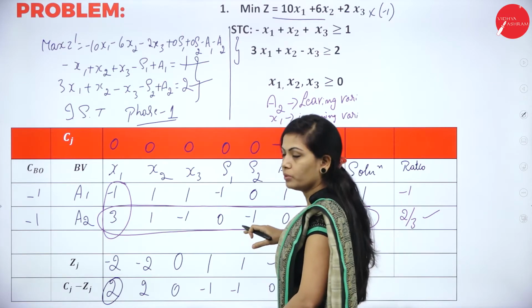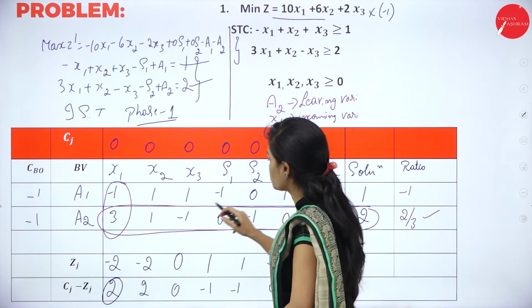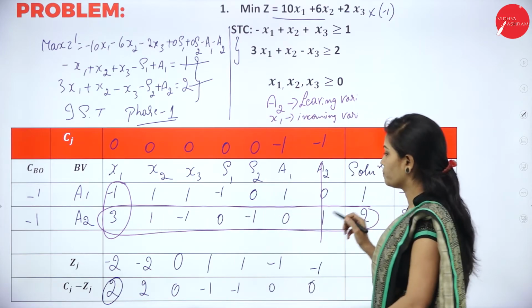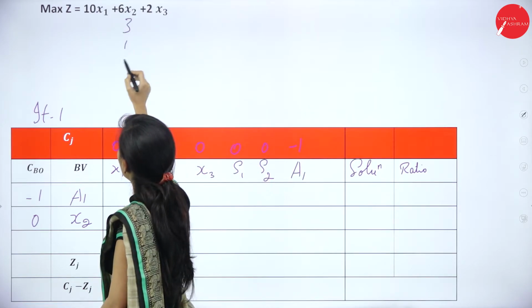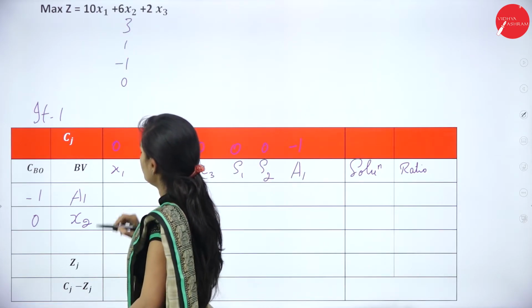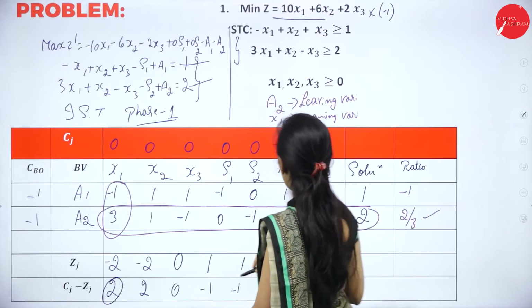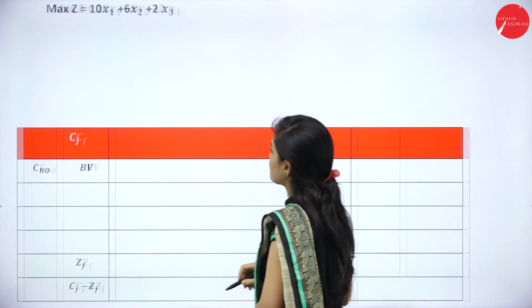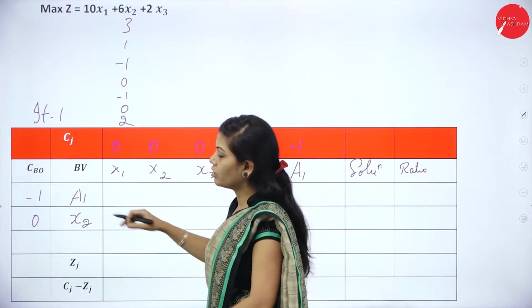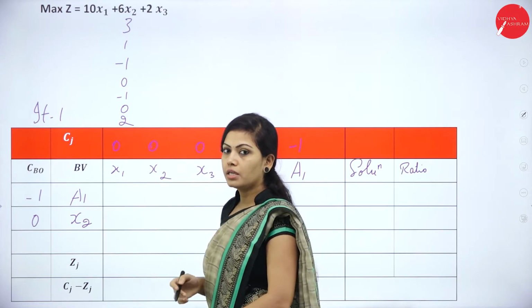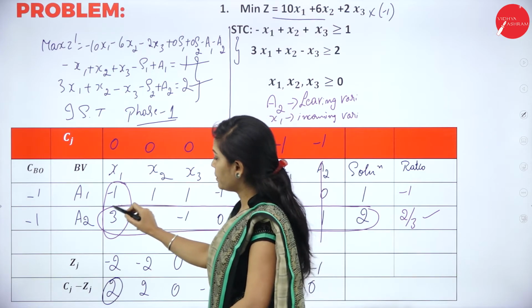Key row is a2. You can find the key row values: 3, 1, minus 1, 0, minus 1, 0, 2. So using this key row values, you can find the new value for x2. So how to find the new key row values? Here you just observe this key element is 3.